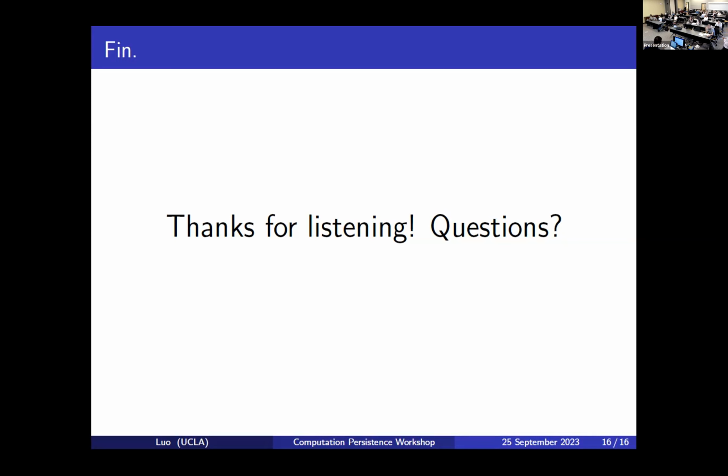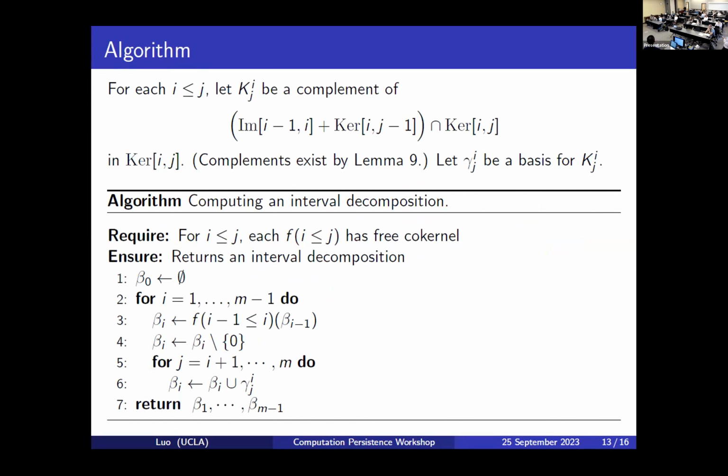We produced this algorithm, but we also produced one that's more in the flavor of matrix algebra, which does the whole checking of the freeness of co-kernels. So I don't know if it's minimal necessarily, but it's certainly a lot less annoying than checking all such A's and B's with A less than or equal to B.